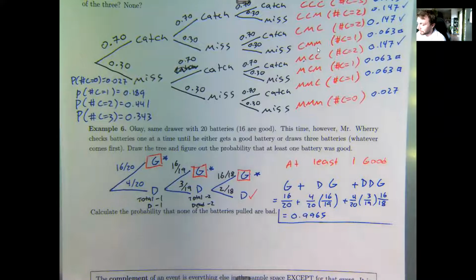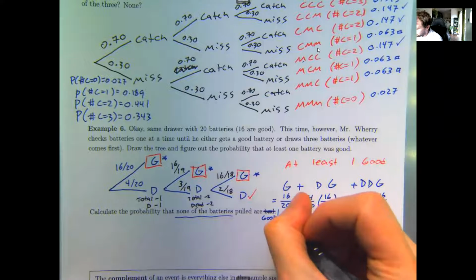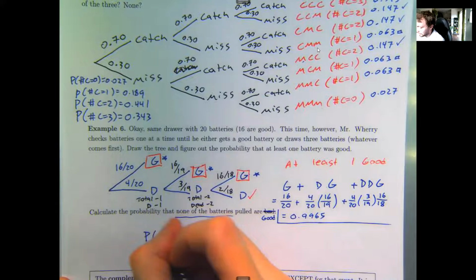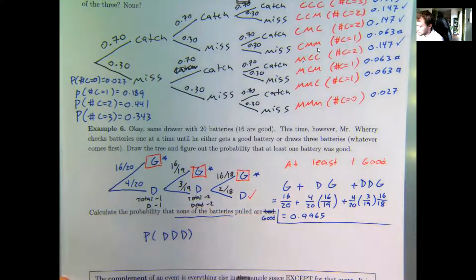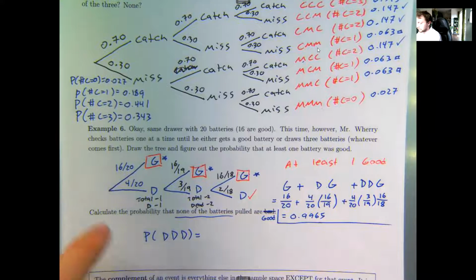What if I wanted the opposite probability, that none of the batteries here were good? Well, if none of the batteries were good, then the sequence that I care about there would be dead, dead, dead. None are good there.